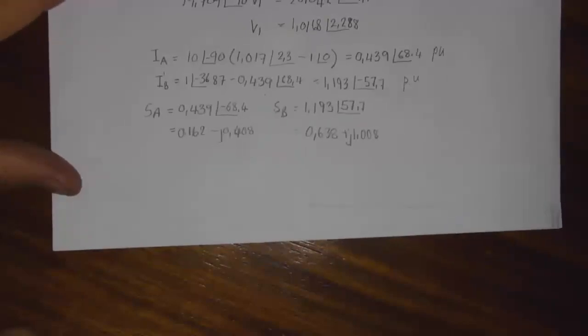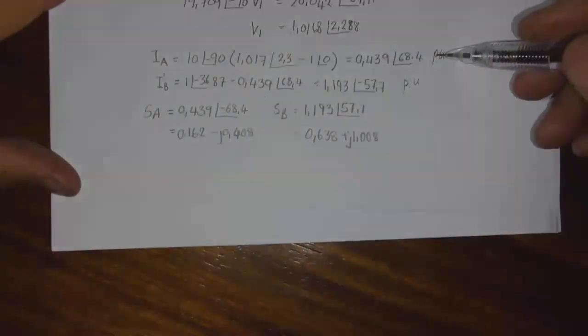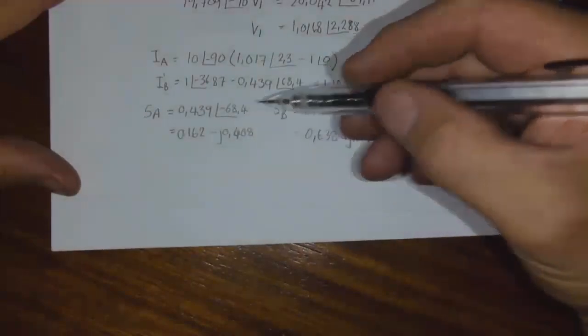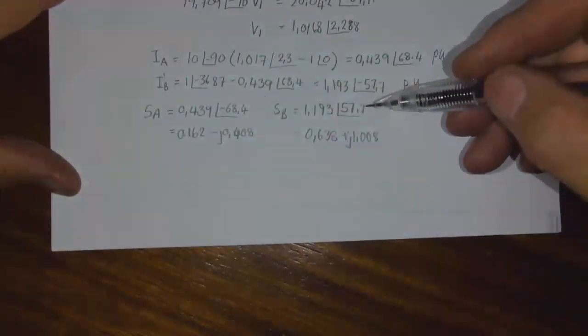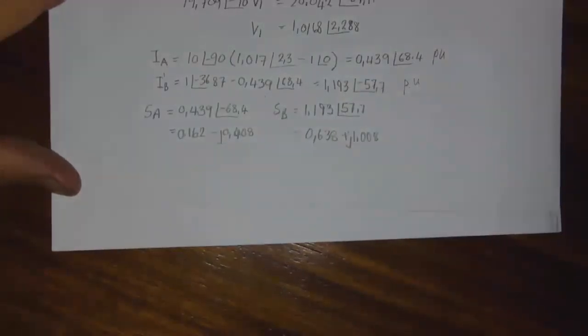So if we calculate SA and SB, we find 0.3439 at an angle. Remember, we're working with a conjugate, so that becomes minus 68, and that one becomes plus 57. So those are our two values for SA and SB.